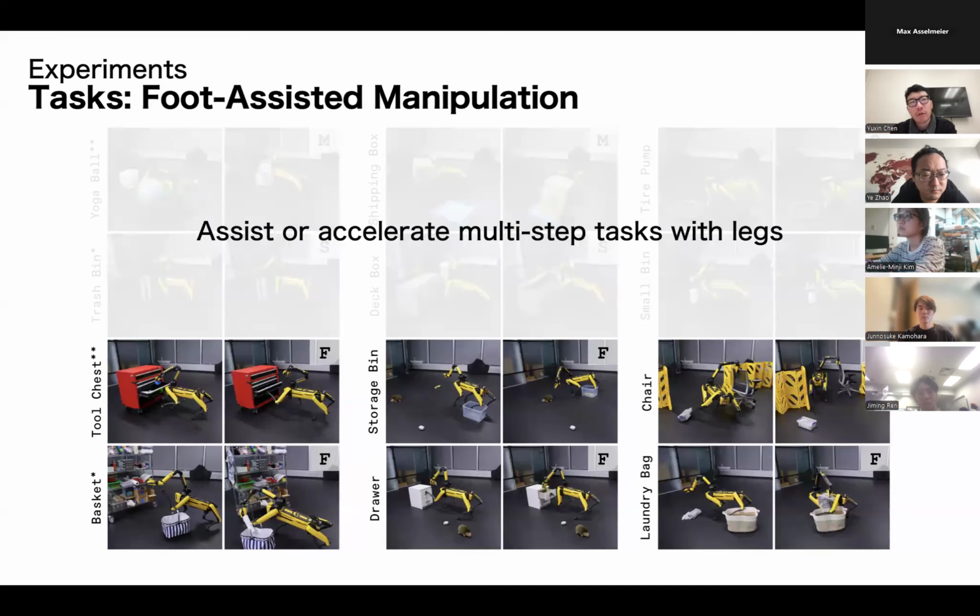And the third category, we call it assist or acceleration. In this case, single-contact manipulation can also successfully do the task, but if we involve an additional manipulator, it can accelerate the whole task.